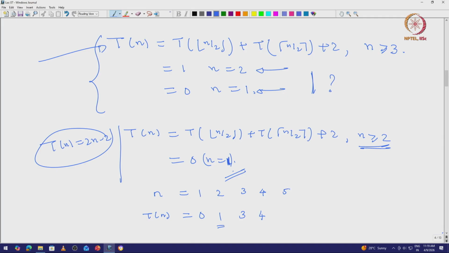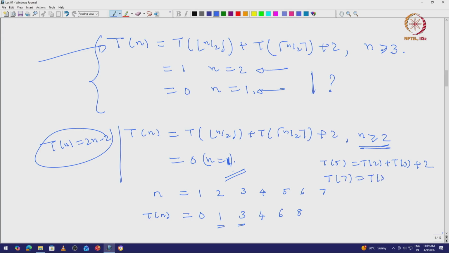T of 5 is T of 2 plus T of 3 plus 2, 1 plus 3 is 4, plus 2 is 6. What about T of 6? T of 3 plus T of 3 plus 2, 3 plus 3 plus 2, which is 8. What is T of 7?